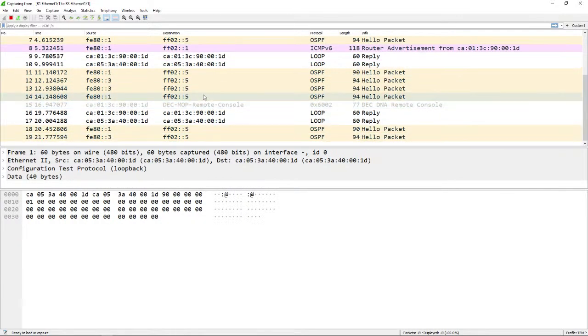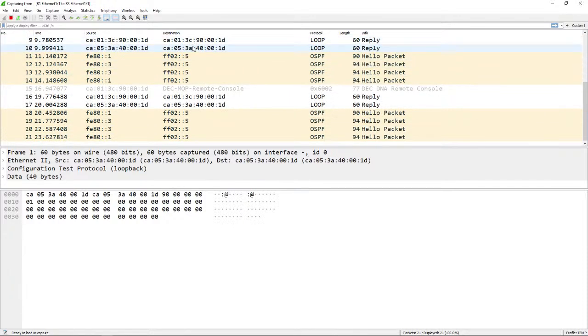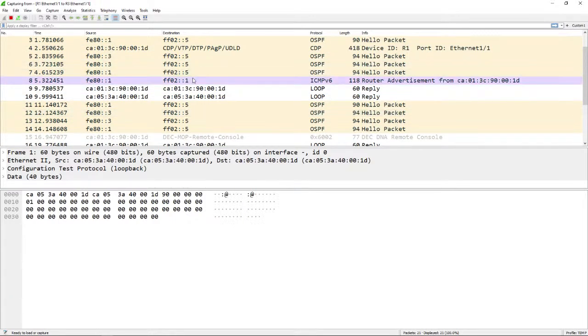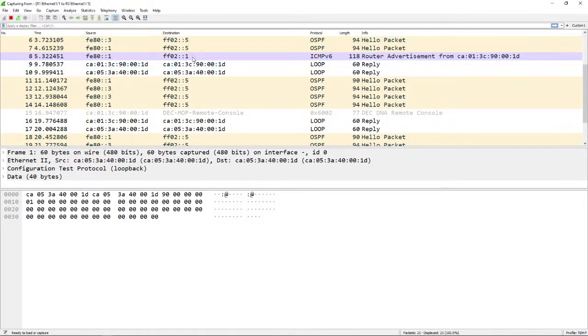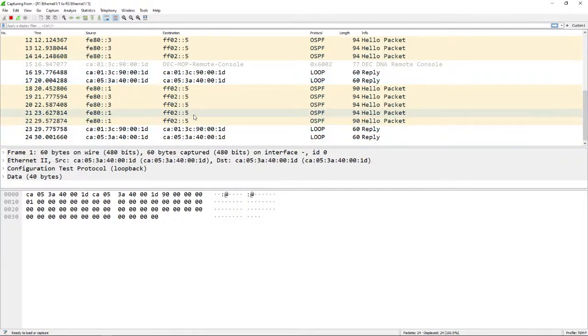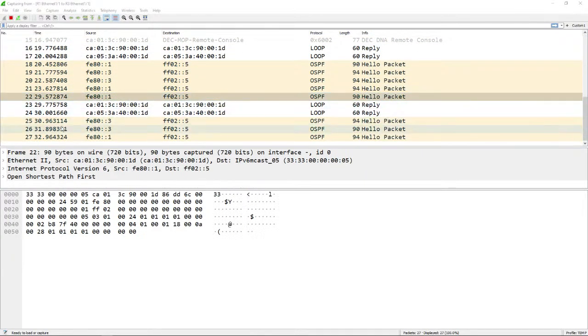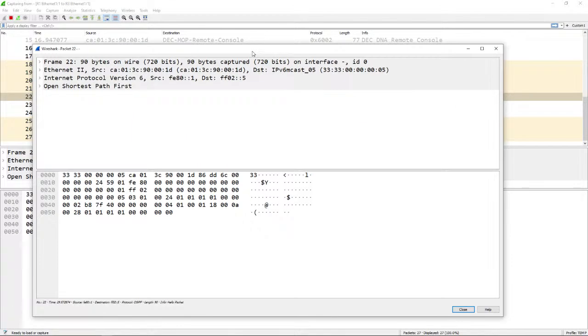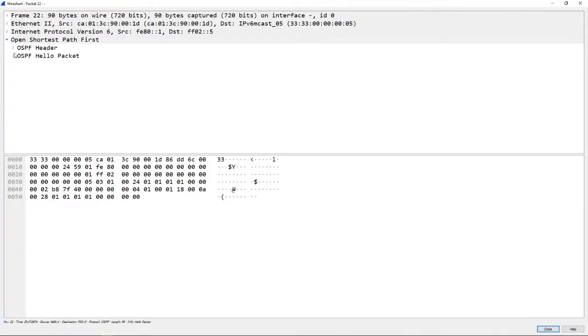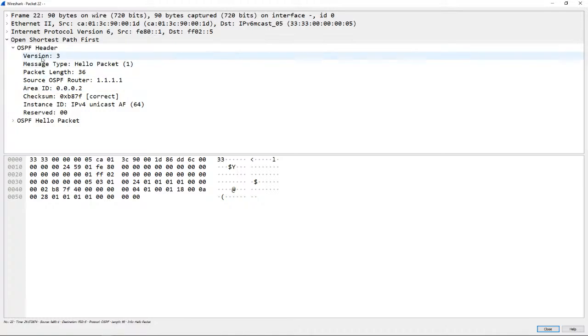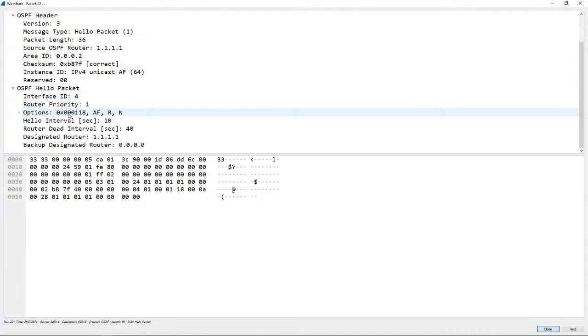Let's see, it's going to be router 1, and where's my hello packets? Router 1 to all routers right here. All right. And if I expand this, this is the standard OSPF header. We talked about that before, right? Just gives me my basic information about the router.